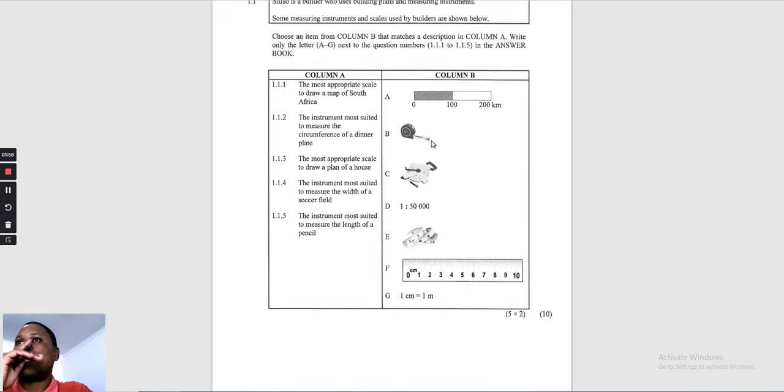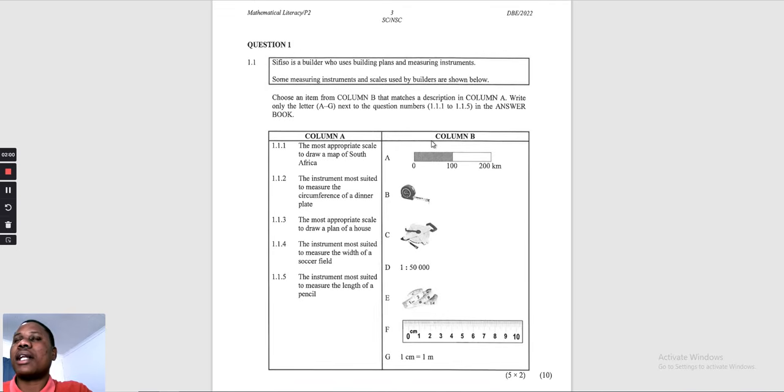All right, let's start here on question one. Some of the things there are for maps and plans, but because they're clustered in one question, we are not going to pick one and leave the other. So we are now going to look at the first one.